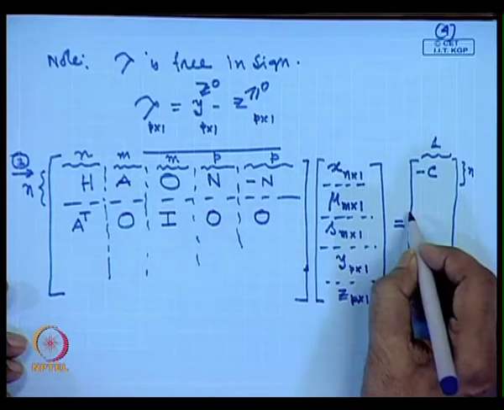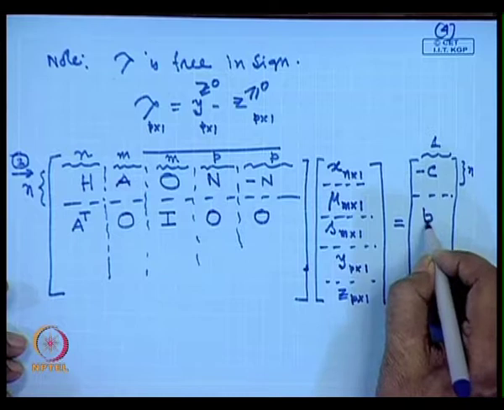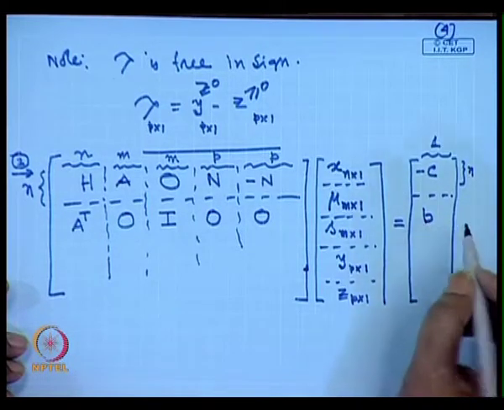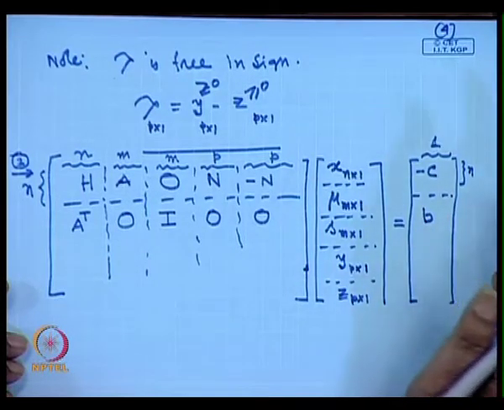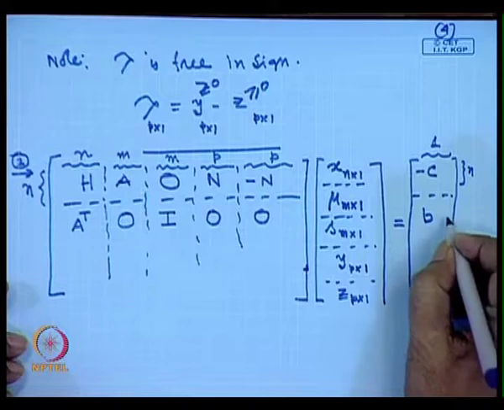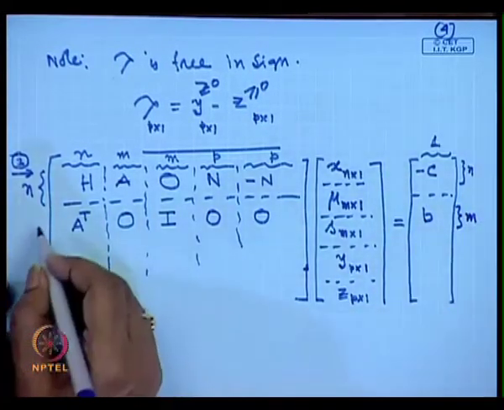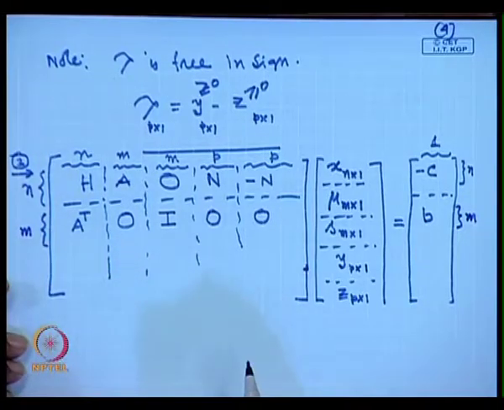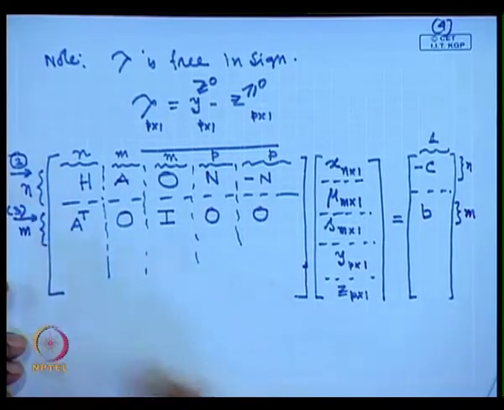This term is equivalent to b, and b is the right hand side of the inequalities, and that dimension is m. So, this dimension will also be m. Now, this is equation 2, corresponding to equation number 3 which we have represented.